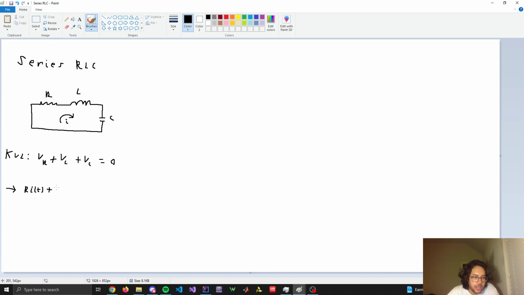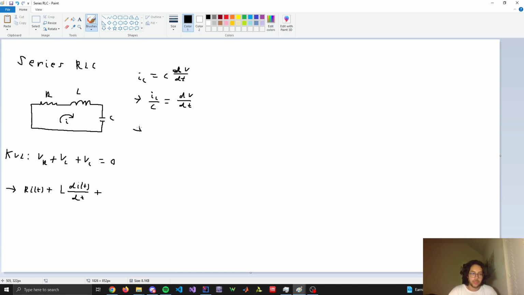Plus VL is going to be L di over dt. And for the capacitor voltage, well, I know that IC is C dV over dt. Or in other words, IC over C is dV over dt.